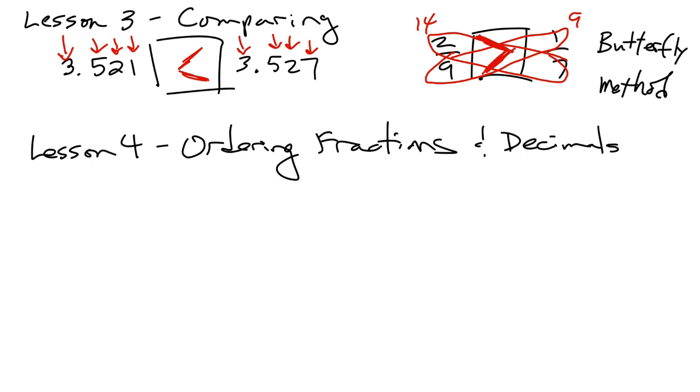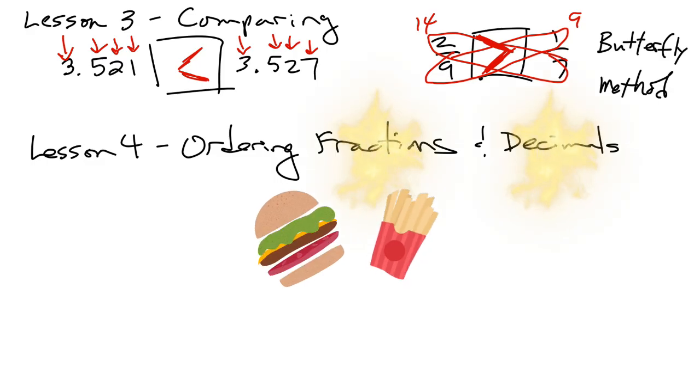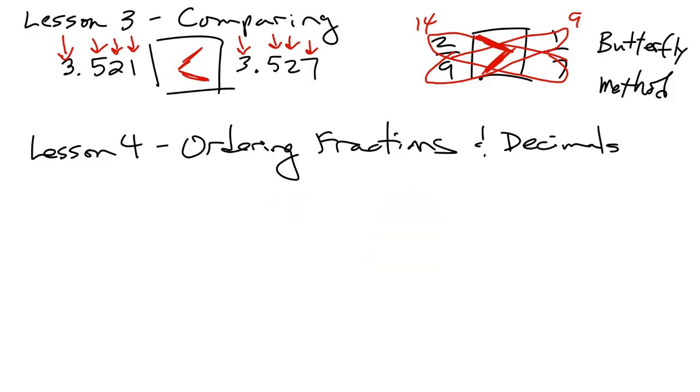And when I say ordering, I don't mean telling them what to do, like an army officer, or ordering them from a restaurant. I'll take 3 2/9 and I'll take a 0.57, and for dessert I'll have a 3.25.